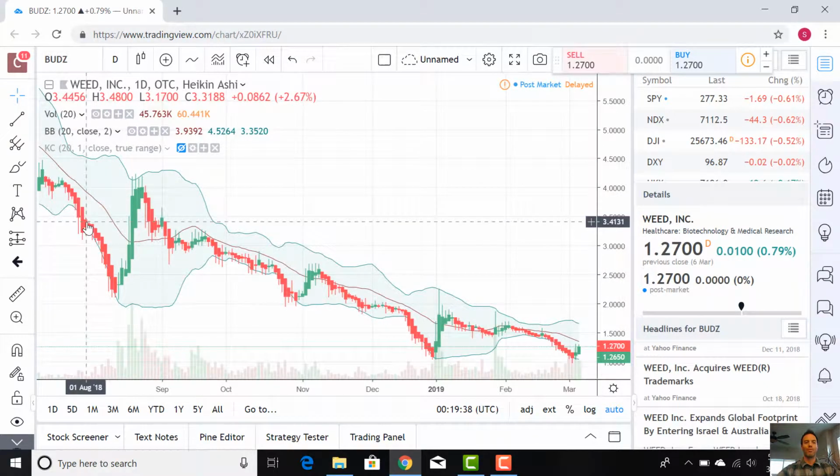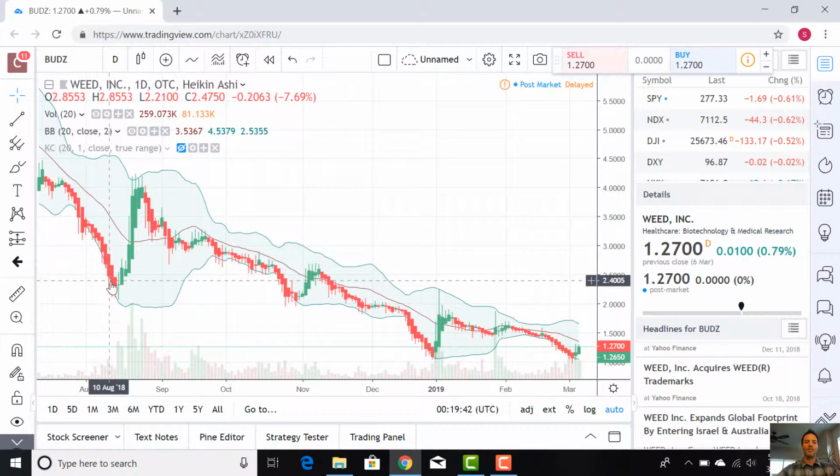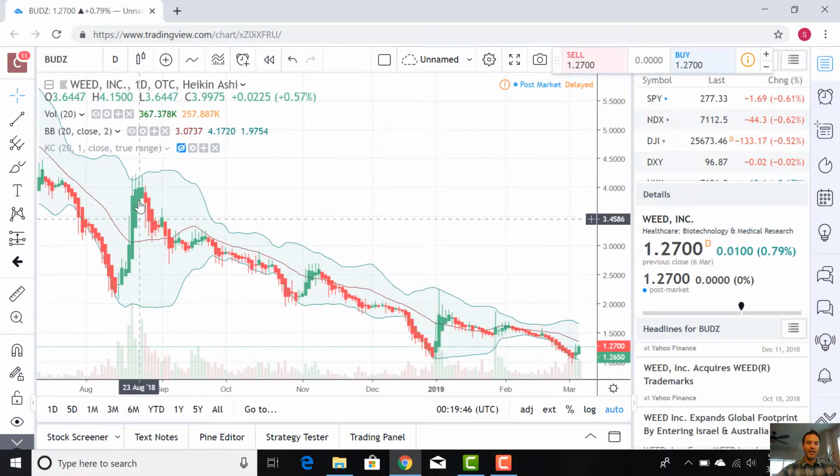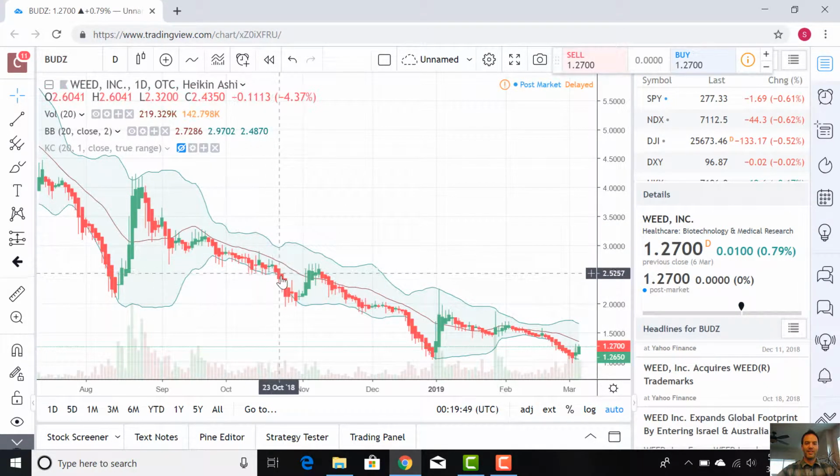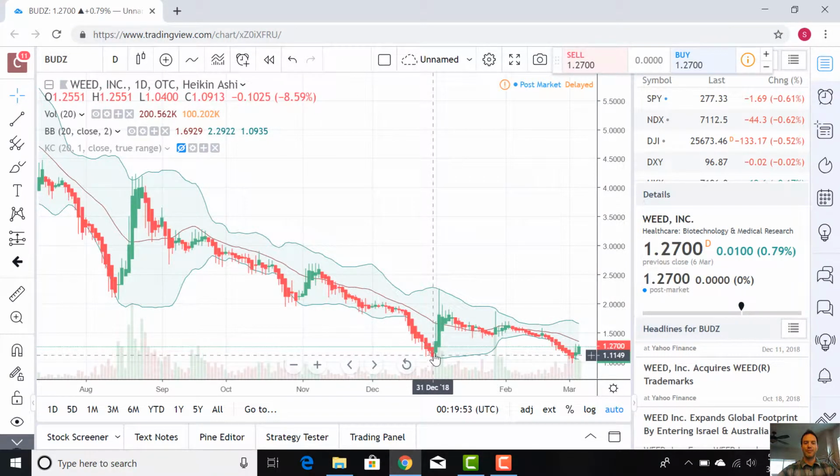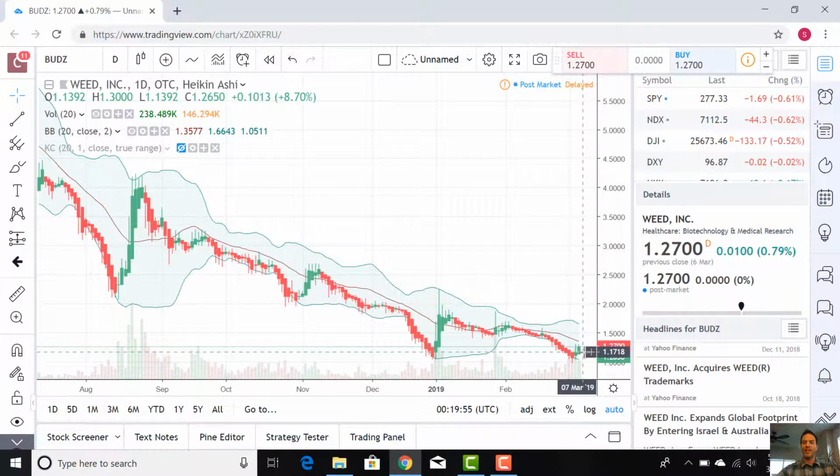But look what happens here with BUDZ. We have this downward trend really hugging the two standard deviation lower line, and then a big upward swing. We see this again here in October, big upward swing. We see it again in December, big upward swing. And right now, look what's happening in early March. We see this hugging and then the beginnings of maybe an upward swing.